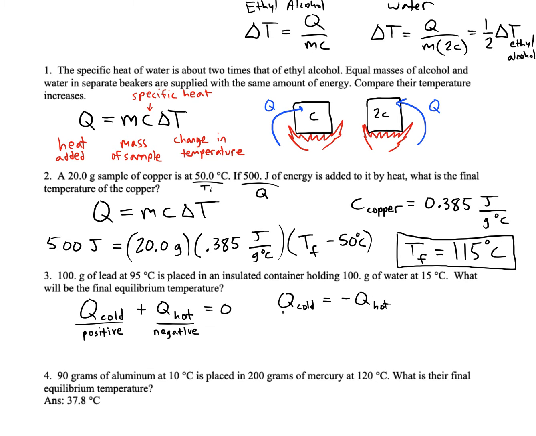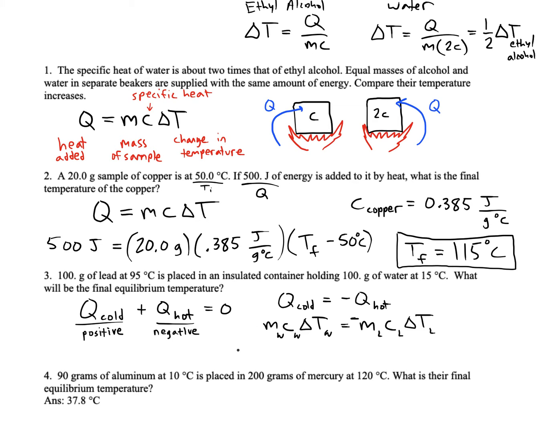All right, so we just replace the Q's with m, c, delta T. And the cold substance was the water, so I could put a little subscript of W on there. And then we want to do the same thing for the hot, but the hot was the lead, so I'll just put L for lead. Okay, so we'll plug in the different things and solve.